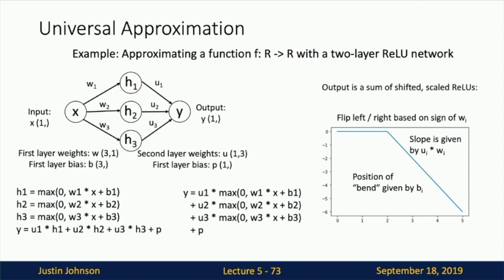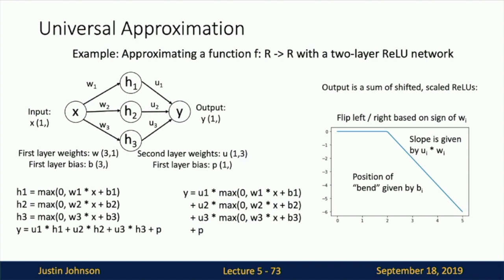That point where it changes between flat to linear is given by the bias terms b_i, and the slope of the non-flat part is given by the ratio of the terms in the second weight matrix and the terms in the first weight matrix. So now we have this notion of this type of neural network system as computing its output as some kind of sum of all of these shifted ReLU functions.